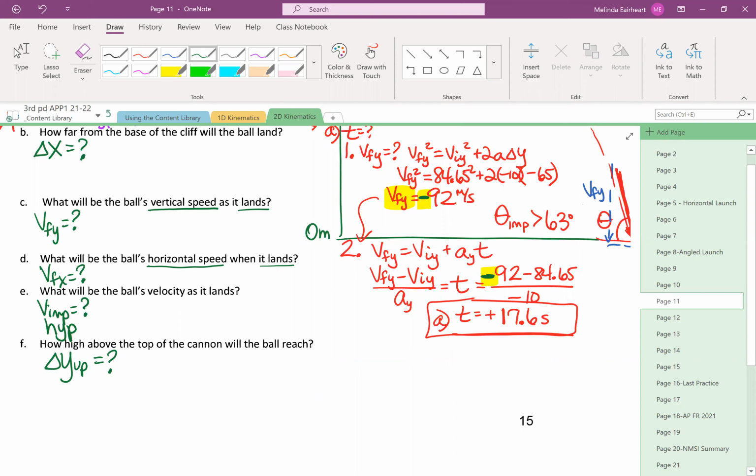What equals 0 in the horizontal? Acceleration in the horizontal equals 0. So if you did go to use the first one or the third one, when you zero out AT, all you're left with is initial velocity equals final velocity. And hopefully at some point you're like, oh yeah, constant velocity in the horizontal. And so we can use the second equation in the horizontal.